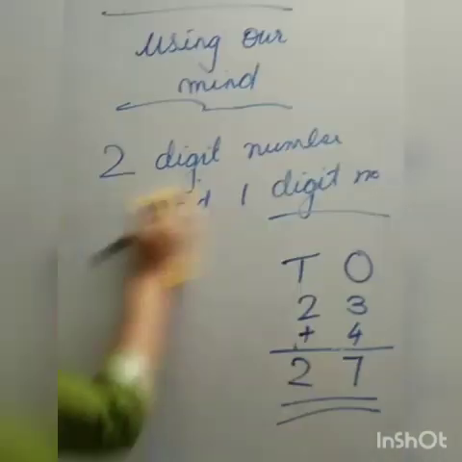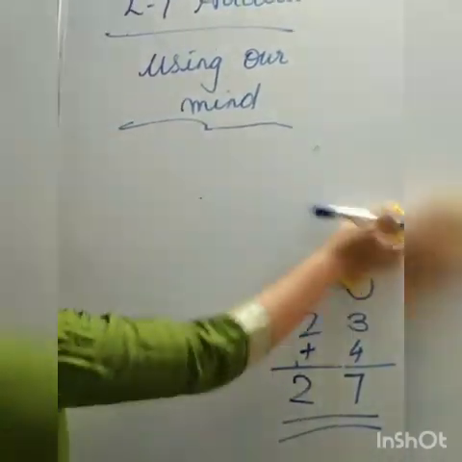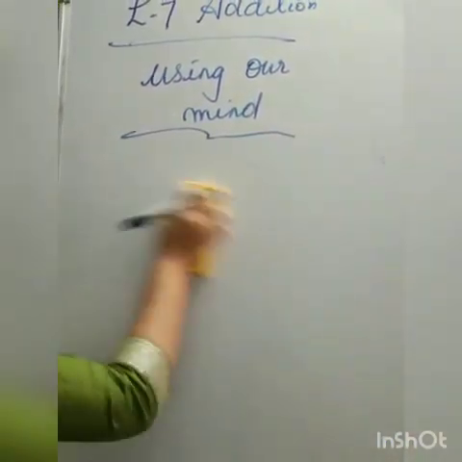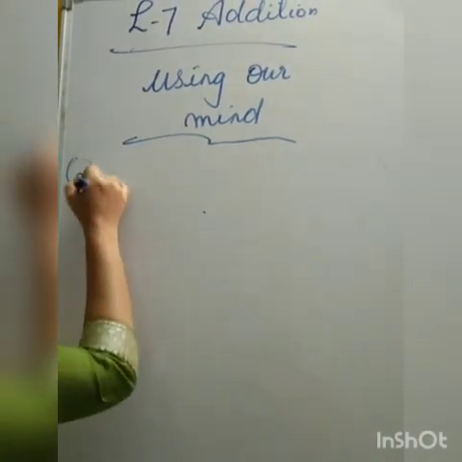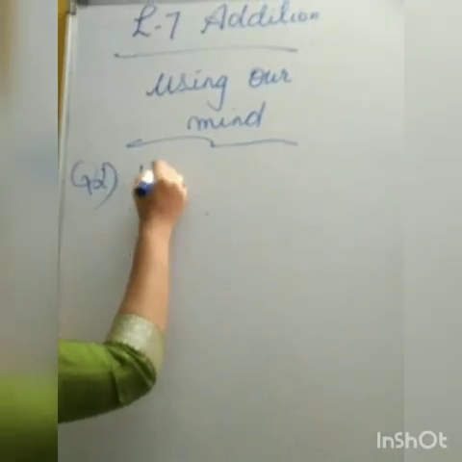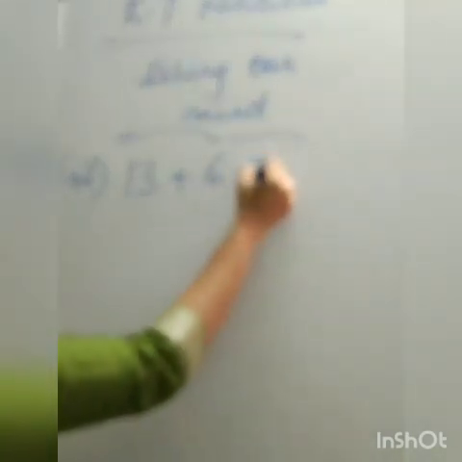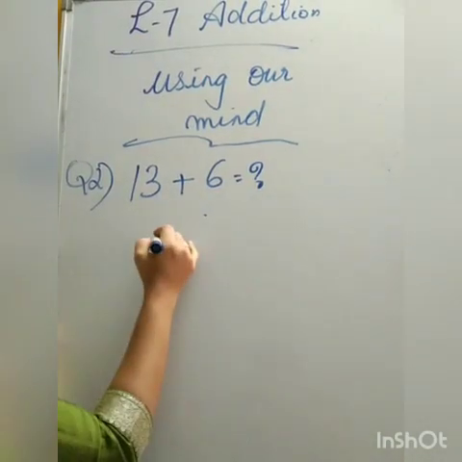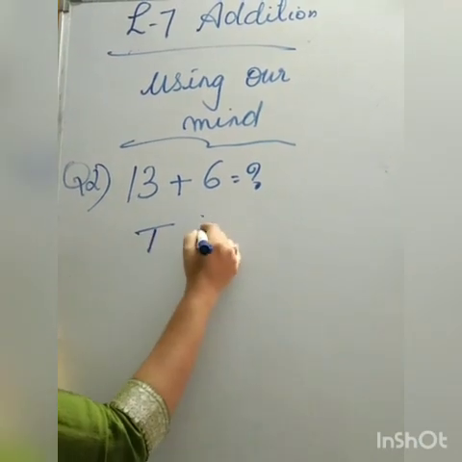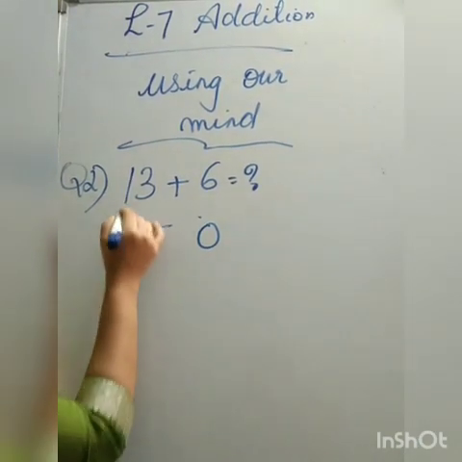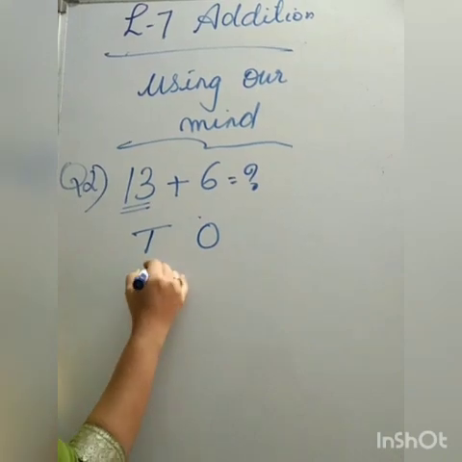Let's practice with more examples. Question number 2. 13 plus 6 is equal to what? First write T O. What is the first number? 13.